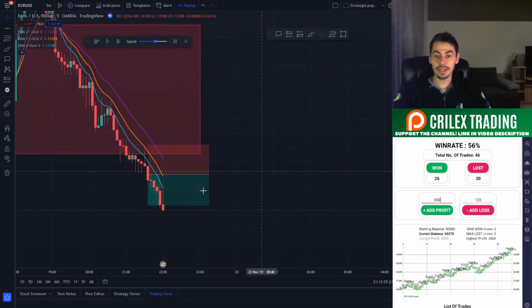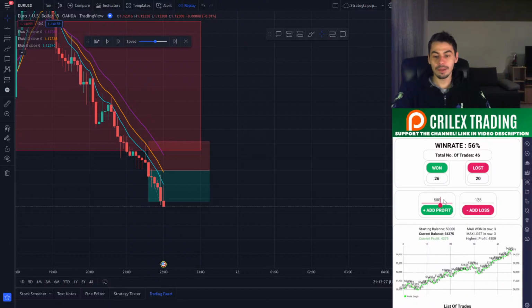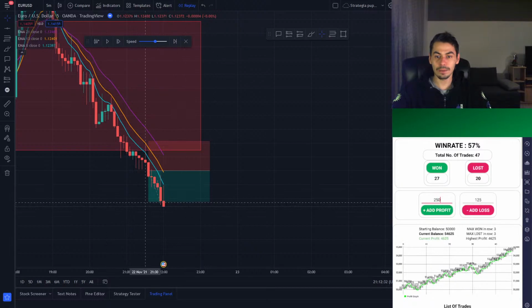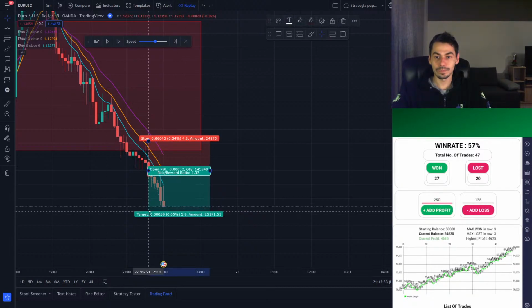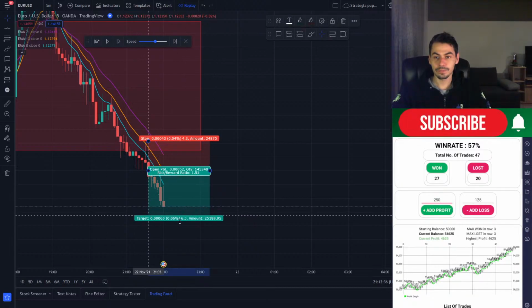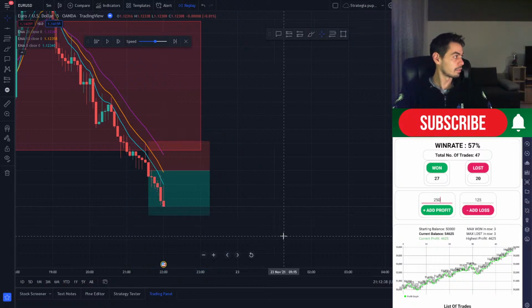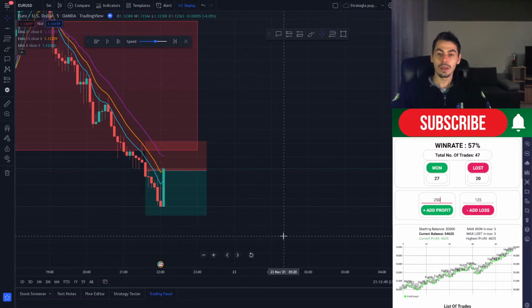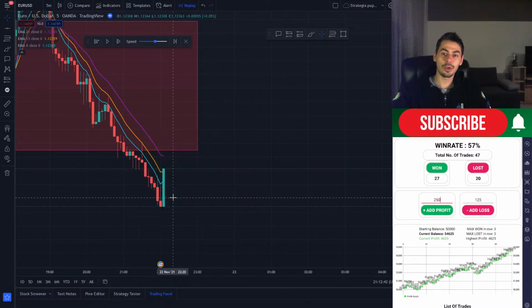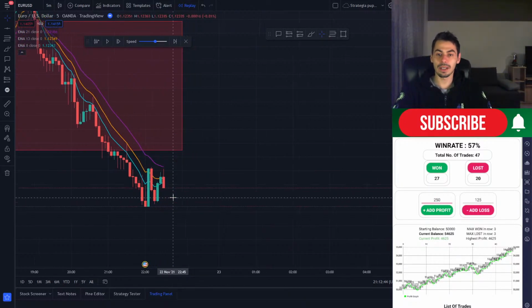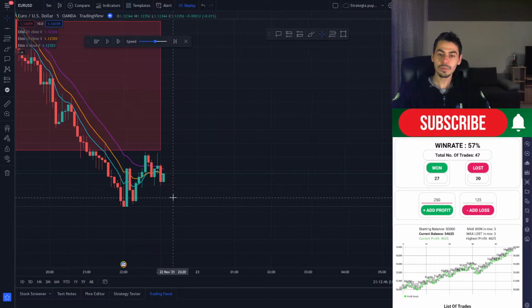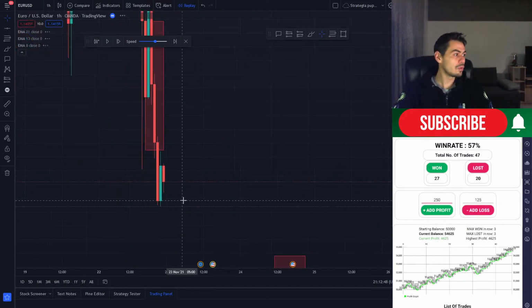The 1-to-1 has been hit, so we have no risk on the table right now. Let's see if we can get to 1.5-to-1. Unfortunately, the position gets closed at break even, so that's it for that. And let's move to another signal.